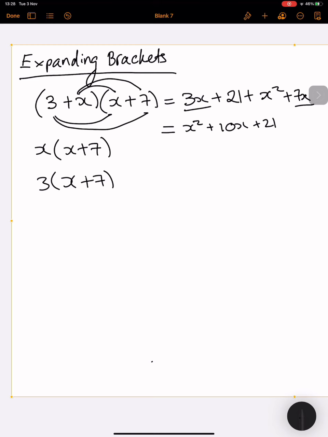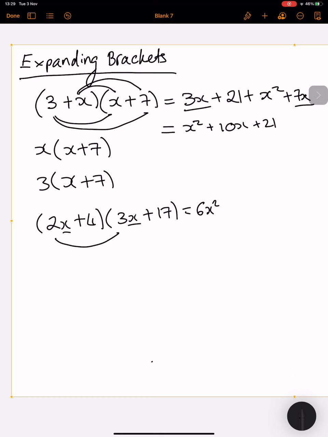So let's do some more examples of these. So 17 equals. The 2x times 3x is 6x squared, because it's 2 x's, which need timing together.